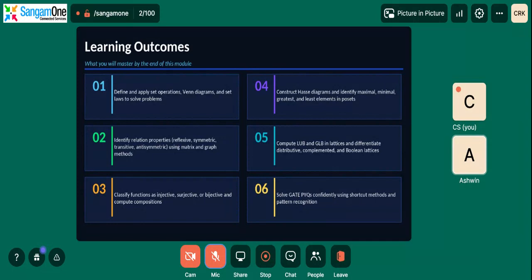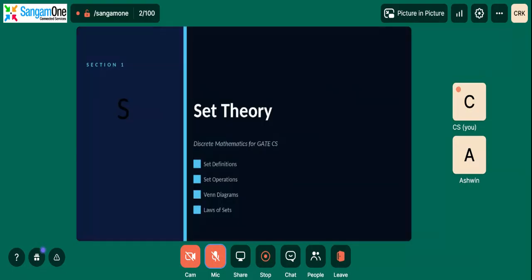Construct Hasse diagrams and identify maximal, minimal, greatest, and least elements in posets. Compute LUB and GLB in lattices and differentiate distributive, complemented, and Boolean lattices. Solve GATE PYQs confidently using shortcut methods and pattern recognition.